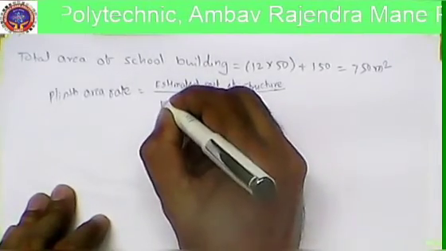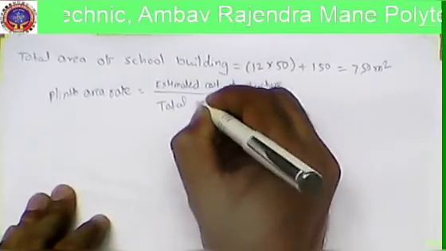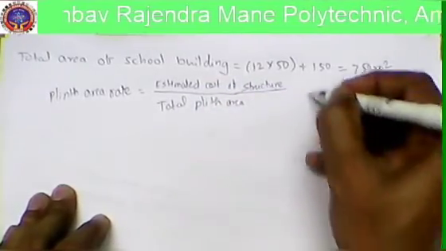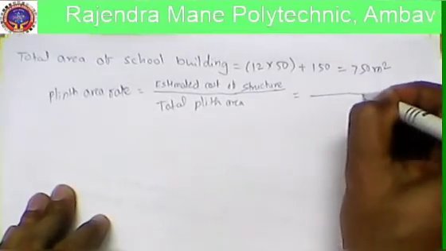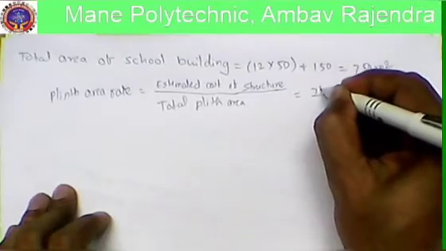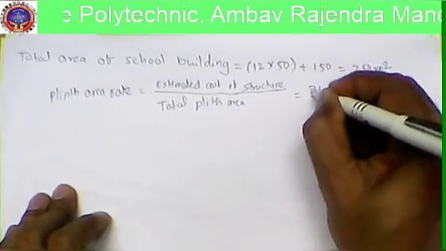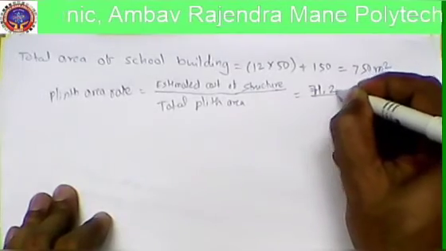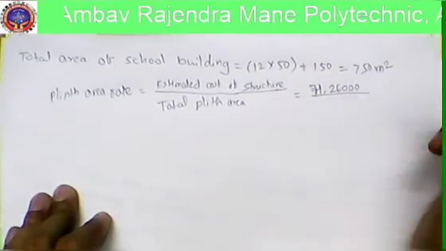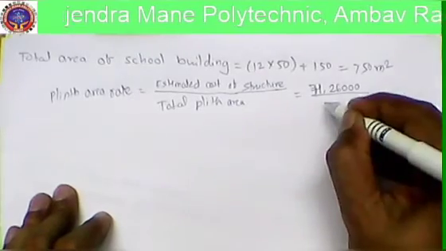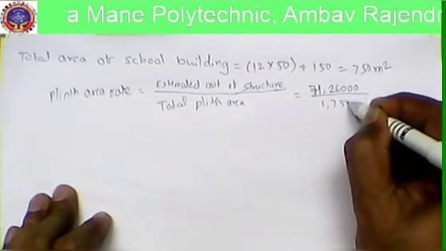The existing school building is constructed at rupees 71 lakh 26,000, and the total area of that school is 1750.